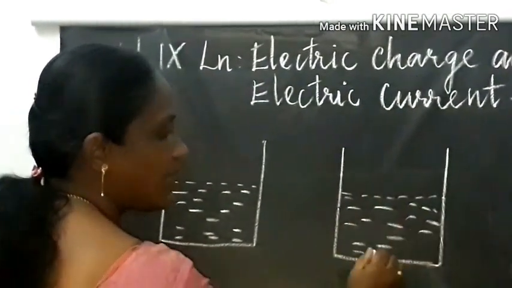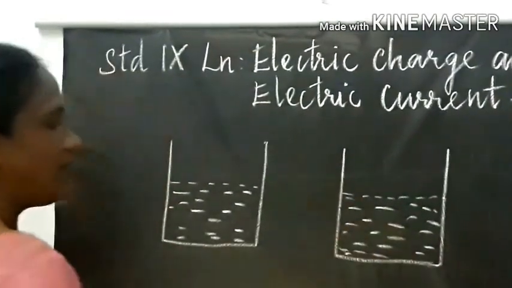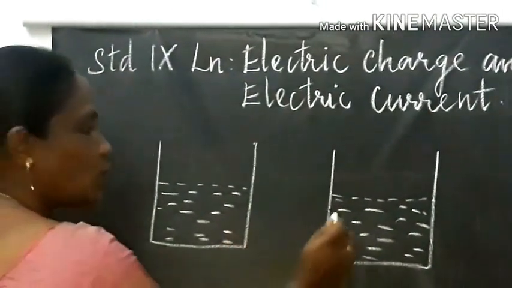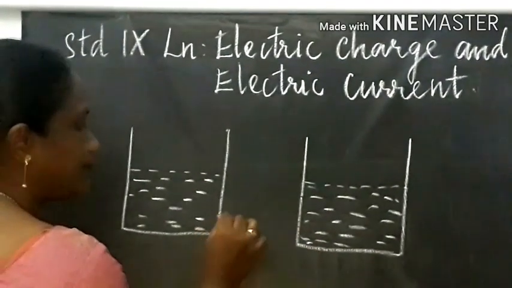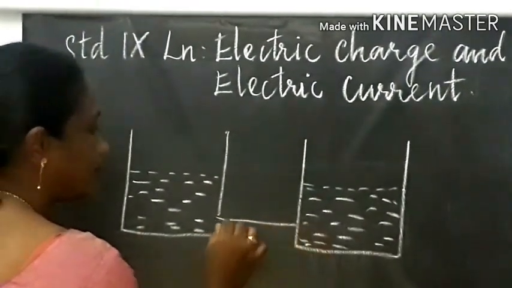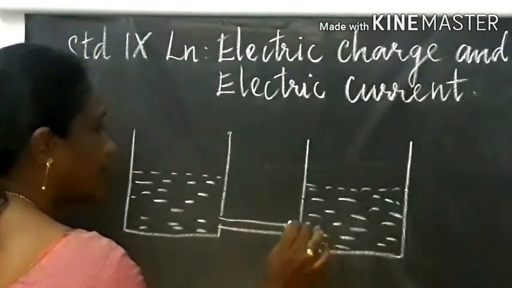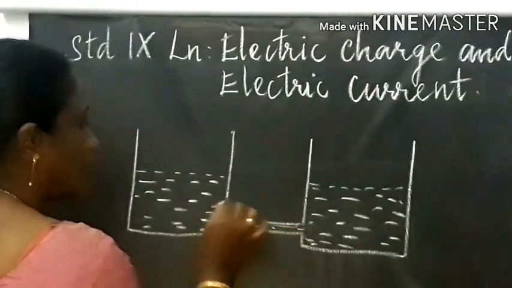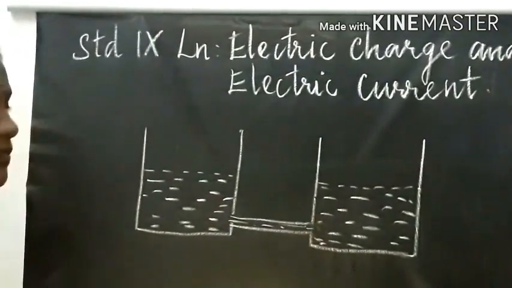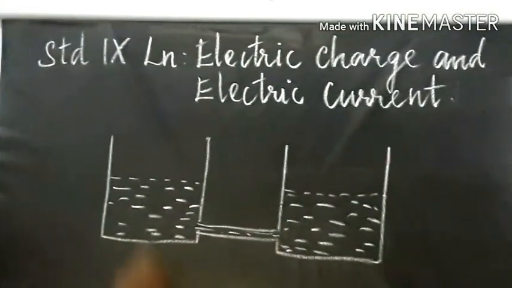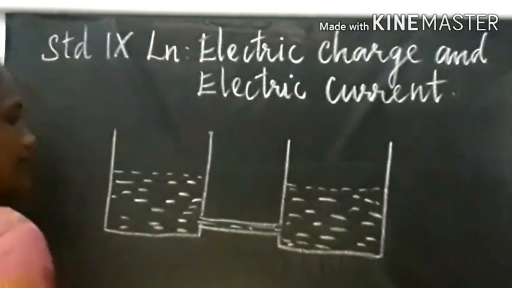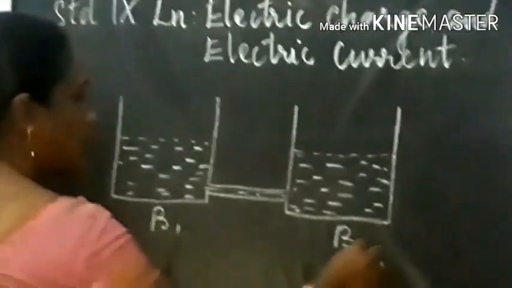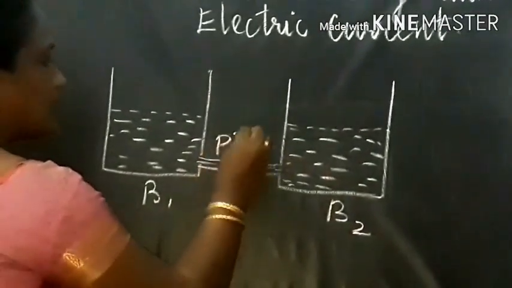In both the beakers we have to maintain the same level of water and these two beakers are connected by means of a pipe at the bottom. Say it is beaker 1 and it is beaker 2 and there is a connecting pipe in between.